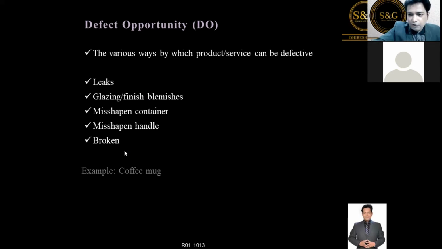Okay. Now let me give you a small example of, let's say, a Bisleri bottle. In a Bisleri bottle, what are the defect opportunities? Let's say the cap is not fitting. It can be one: if it is a loose cap, not fitting properly, or the seal is already broken, it's a defect opportunity. A torn label can be another defect opportunity.